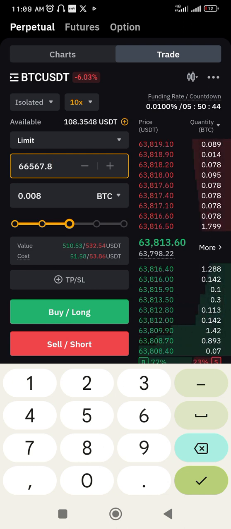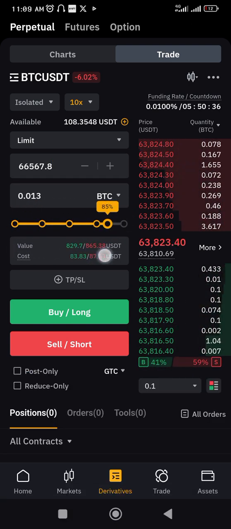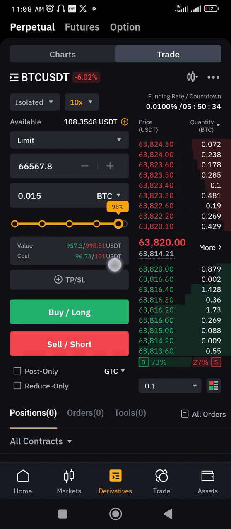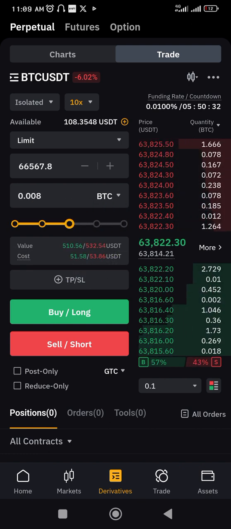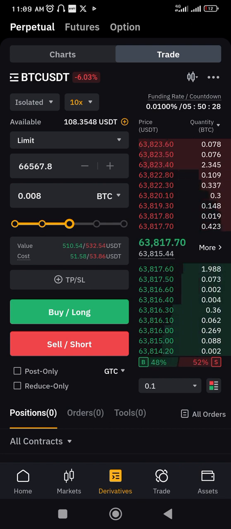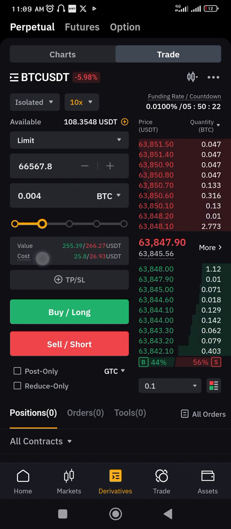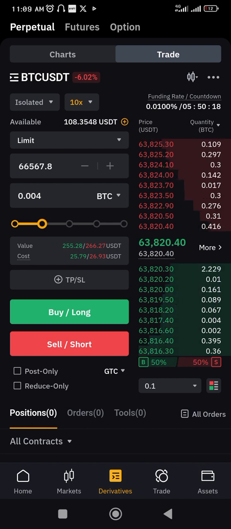Once you set your limit, you see this box where I'm moving here. This is where you can set how much you want to use for that trade. If I set this to 50%, it means you'll be using about $50, because I have an available balance of $100. If I move this down to, let's say, $25, you'll be using an average of $25 to take the trade.